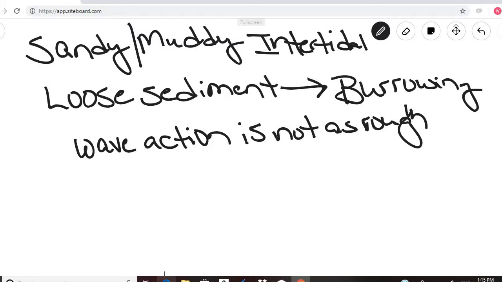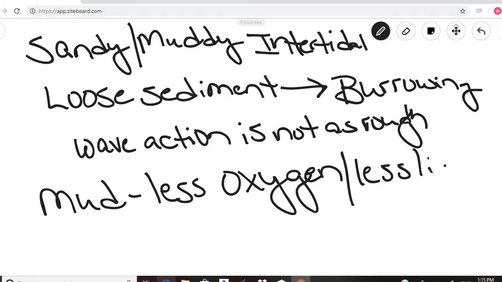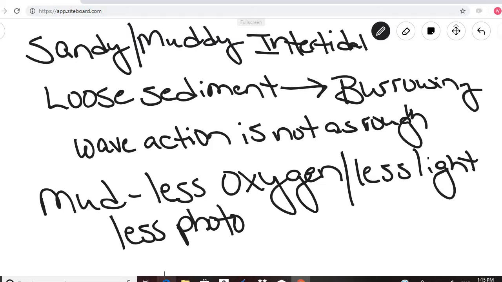In order to live in the mud, as you can imagine, the mud has less oxygen the deeper it is. Water doesn't penetrate it as well, so there's less oxygen available, and also there's going to be less light. So as you might guess, there's less photosynthesis that's able to take place in organisms living in the mud.